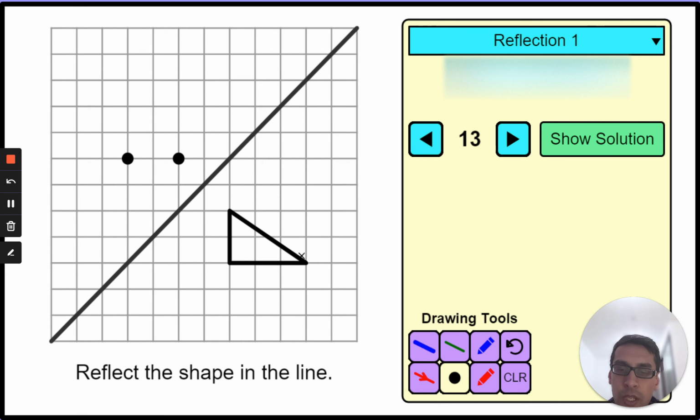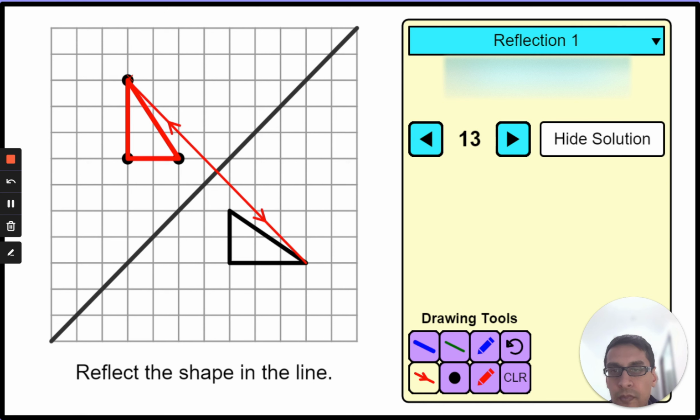And in this case, we have 1, 2, let's see, 1, 2, 3.5 diagonals. So half, 1, 2, 3. That's going to go up there. And we've got our reflection. Just in case you didn't follow that, those were the reflection lines.